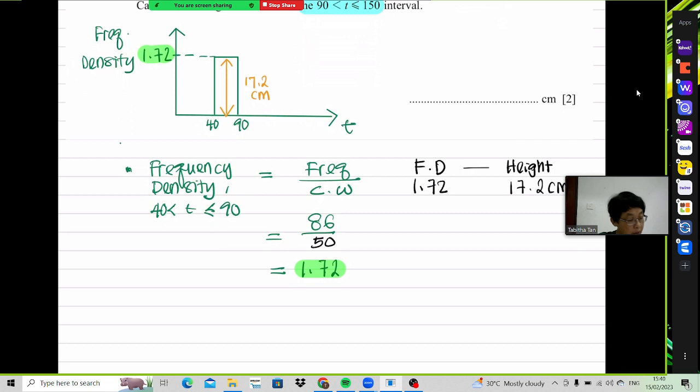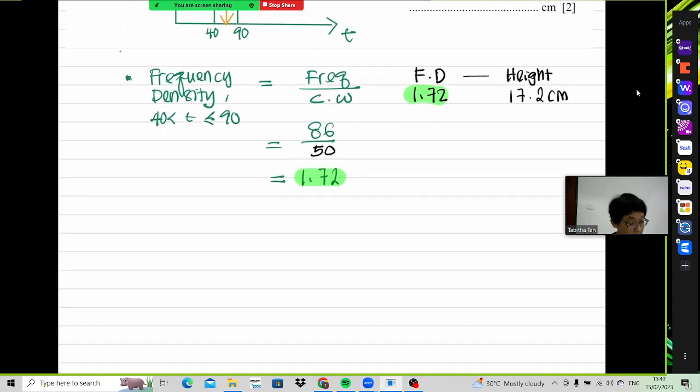This is the information that you are going to work out, and because you are working it out, there definitely are marks there. So be assured that you will not be working in vain, because by looking at 86 divided by 50, there is some mark reward there.